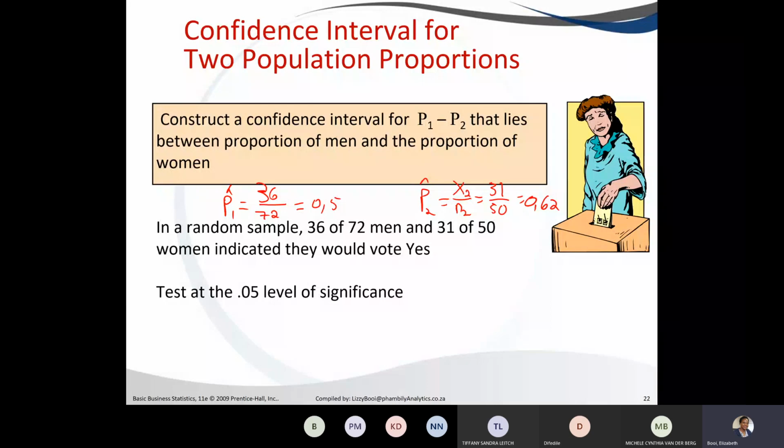And we can then substitute into the formula P1 minus P2 plus or minus our Z alpha divided by 2. And remember, we did find our critical value, which was alpha divided by 2, when we did the confidence interval. We'll come back to that just now.